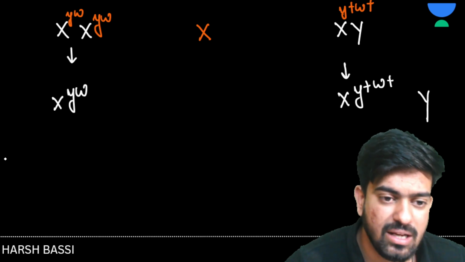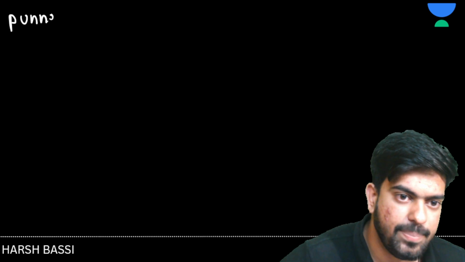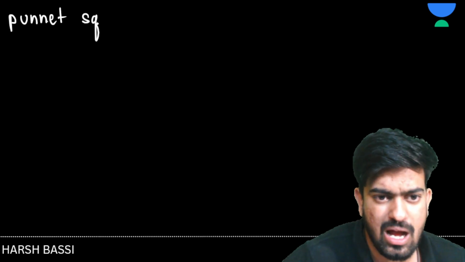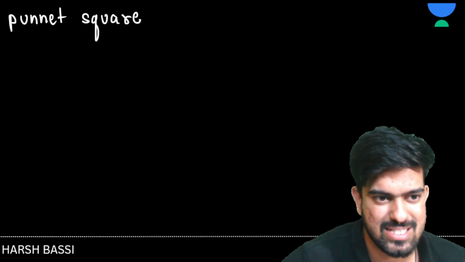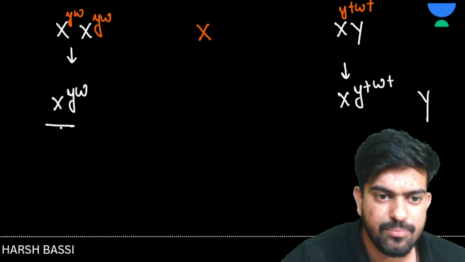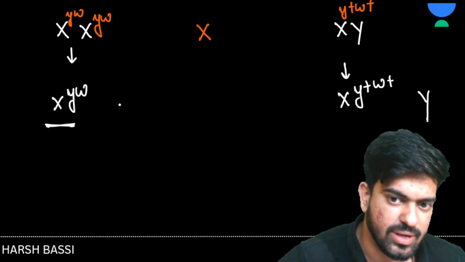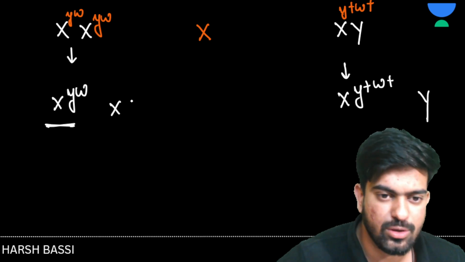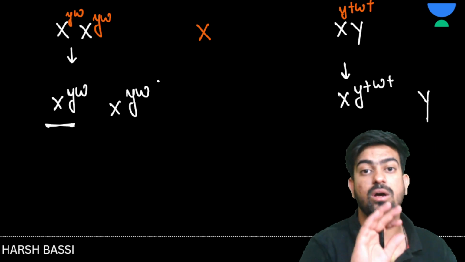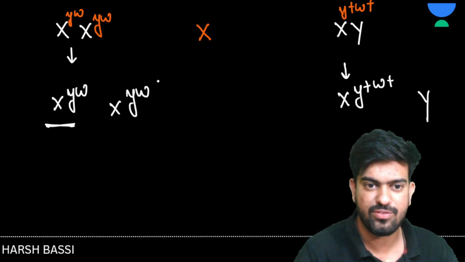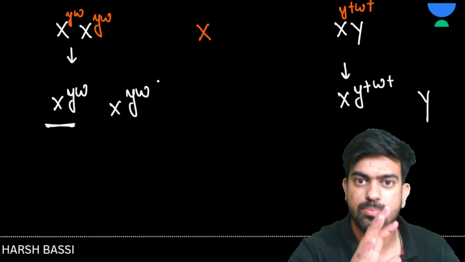Now, let's make the Punnett square for this. How are we going to make it? Let's talk about the female gametes first. In the female we are getting two gametes, but of the same type.